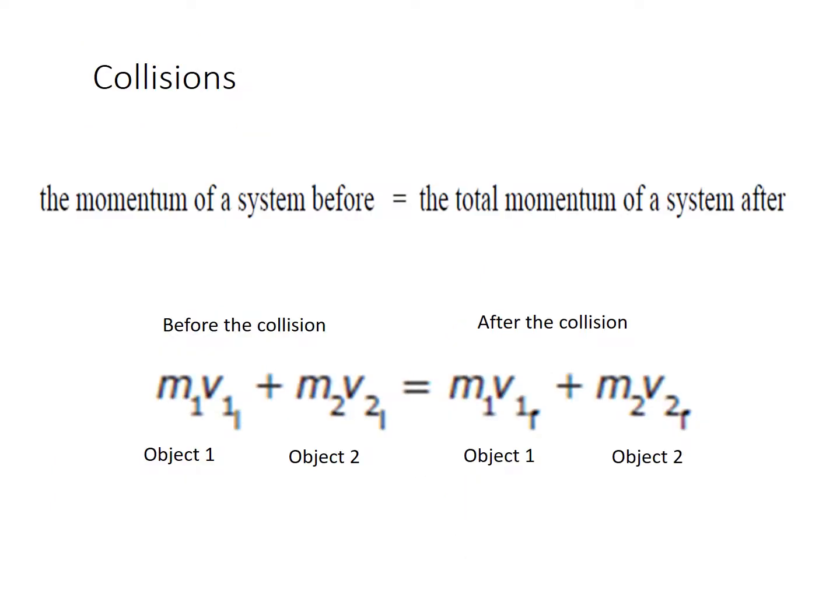So the momentum of the system before equals the total momentum of the system after. Remember, momentum is conserved. And remember, momentum is P equals mv, and we have two objects now because in collisions we have two objects. So here's the momentum of object 1 and momentum of object 2, initially, that's the initial, capital I, and after the collision, the momentum after the collision.